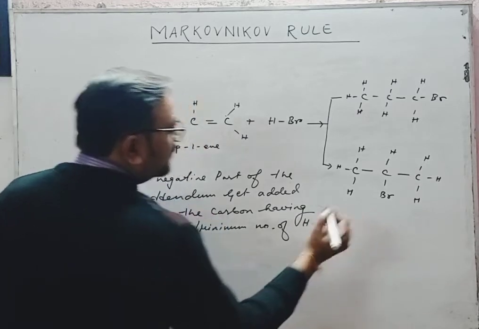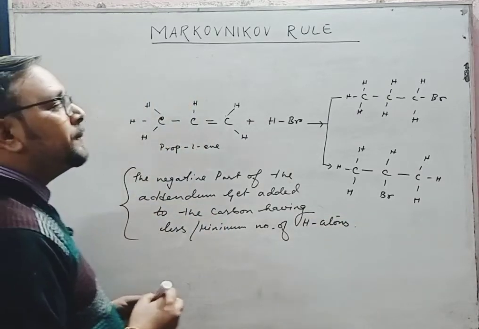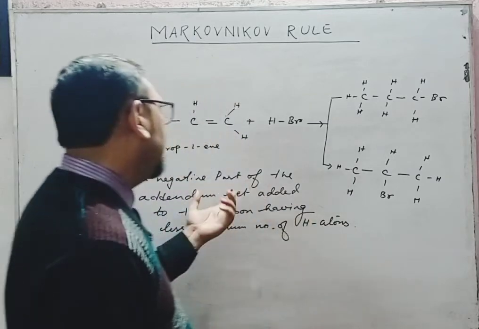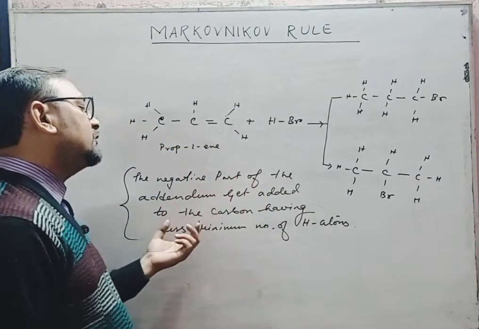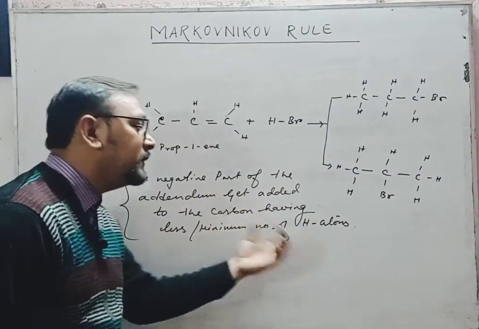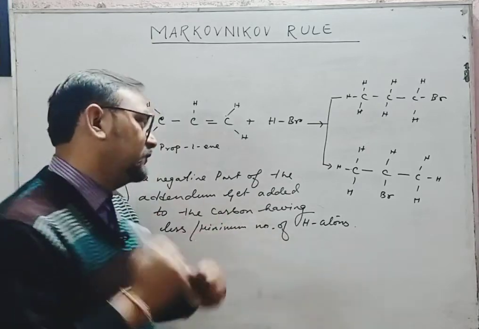Okay, that's it. So the negative part of the addendum gets added to that carbon having less or minimum number of hydrogen atoms. Yes, we need to understand.